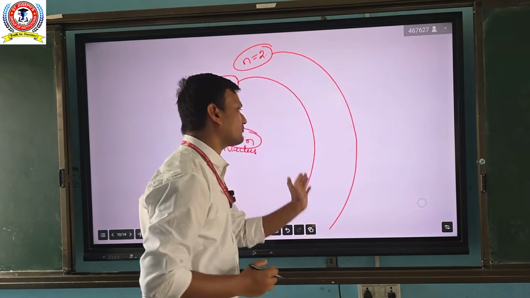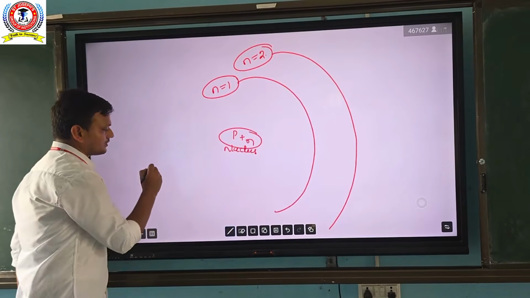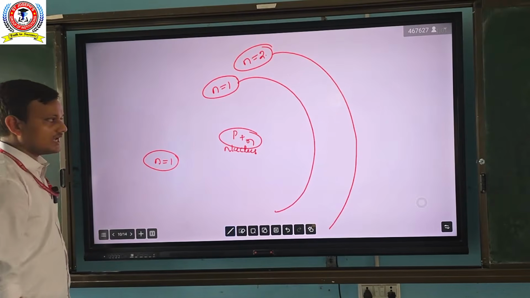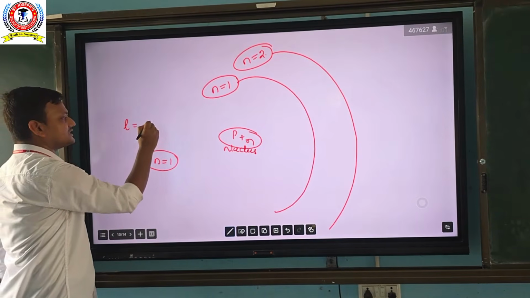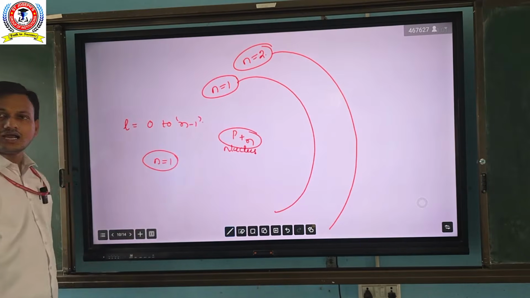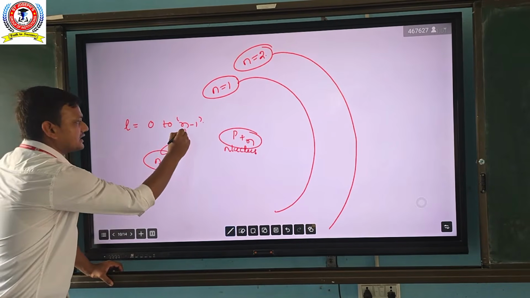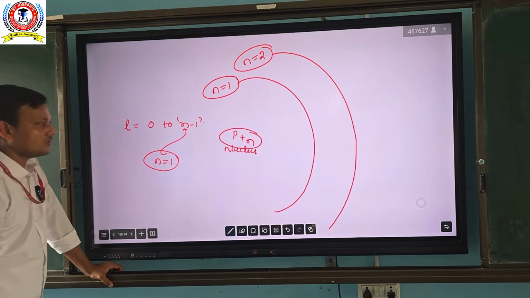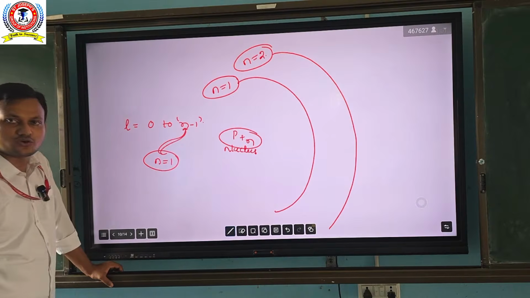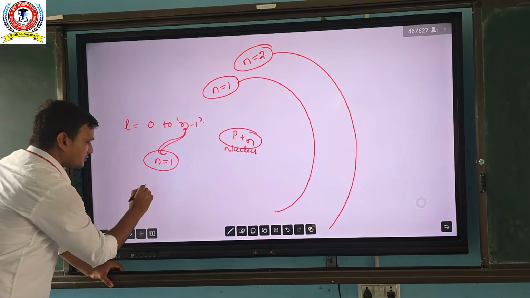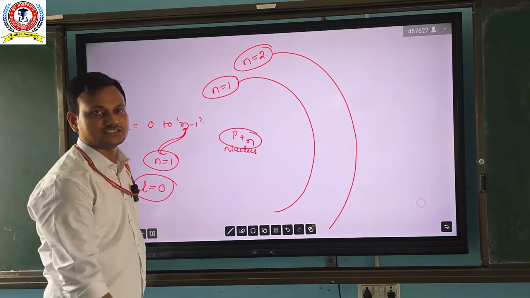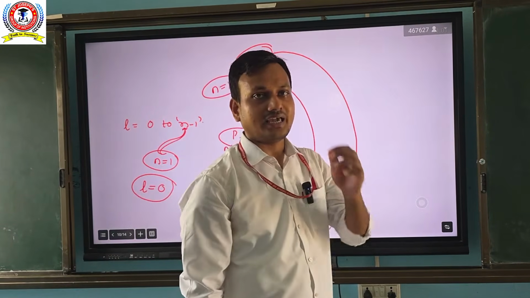Now, discuss the first cell. For the first cell, the value of n is equal to 1, and the value of L lies between 0 to n minus 1. When I put this value in, that means 1 minus 1 is 0, so 0 to 0.